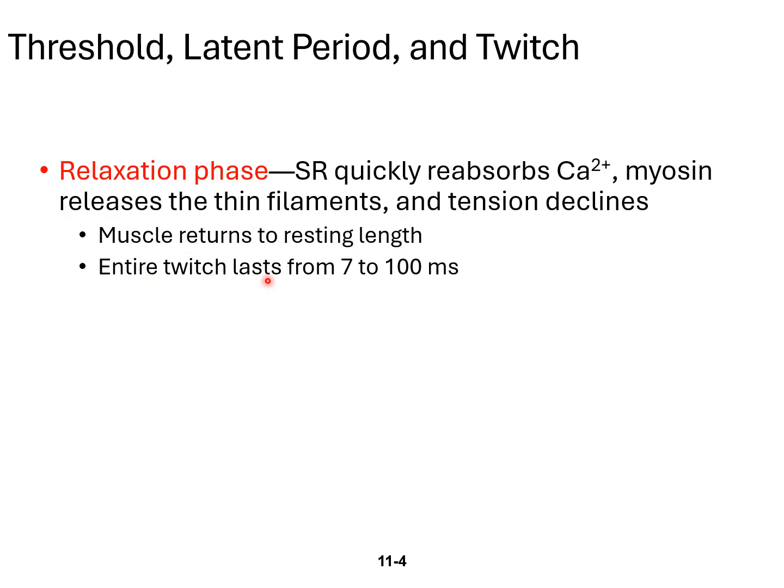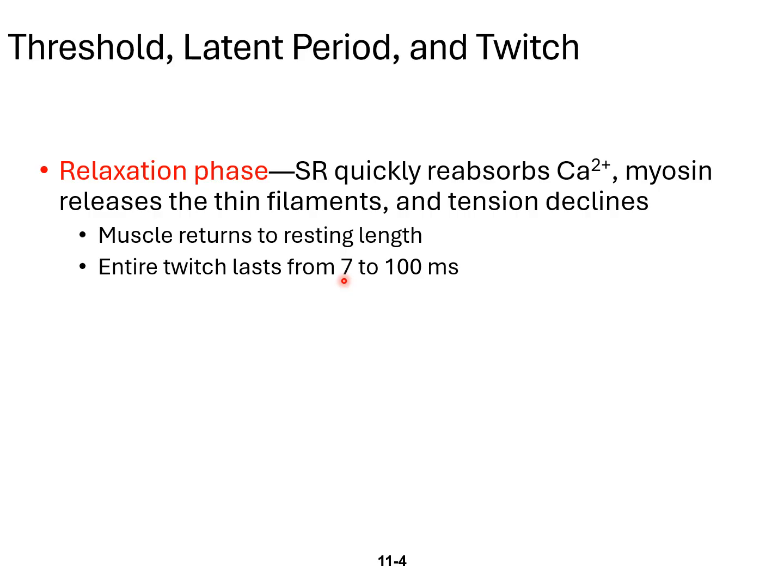The entire twitch lasts from 7 to 100 milliseconds. If you think about this, as long as you have calcium and calcium is not being removed from the actin active site, you can have very long muscle contractions, which would last around 100 milliseconds.